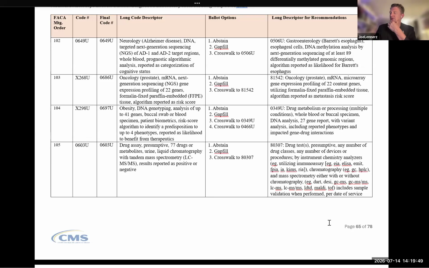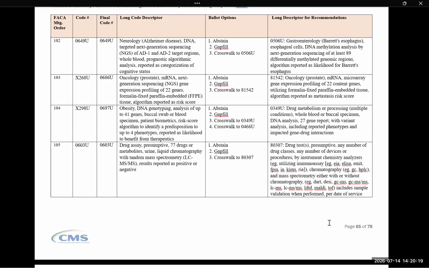Upon review of the entire clinical lab fee schedule, the best match by effort and reporting is a crosswalk to 81542, which is also an oncology prostate-based mRNA microarray-based gene expression profiling assay with 22 genes. And that is the final recommendation by the subcommittee as well as myself, 81542 as a crosswalk.